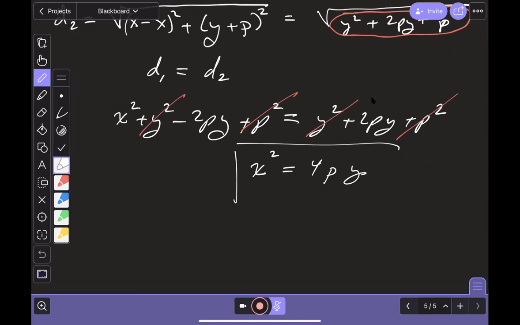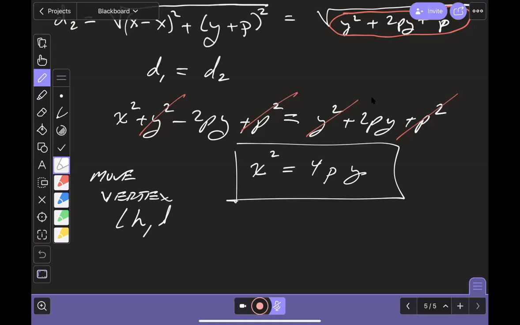This is important. What we're going to do, though, is move the vertex to a point h, k. If you did that, it's a standard translation problem. And what does it become? Fairly simple. x minus h squared equals 4p times y minus k.